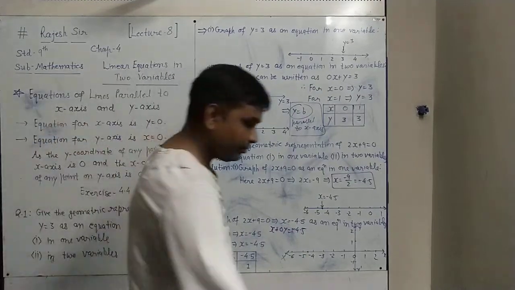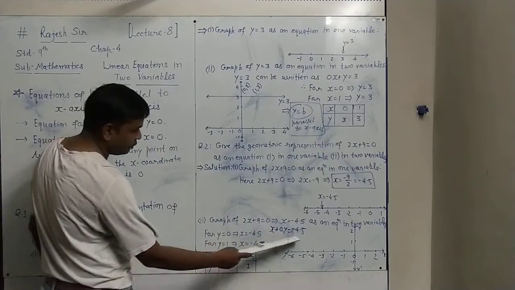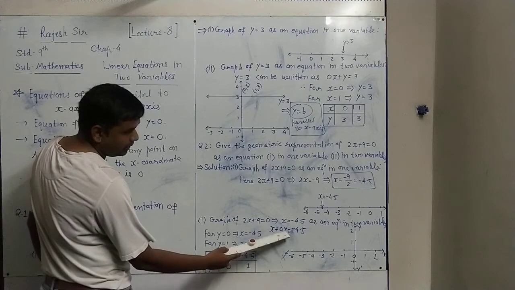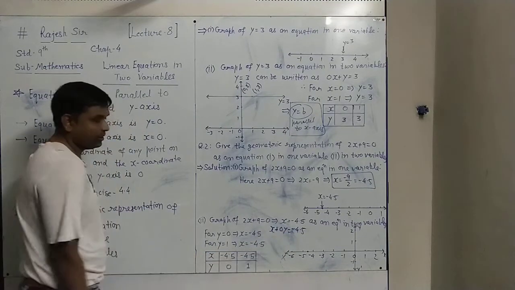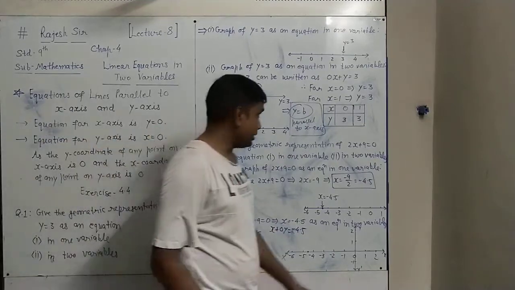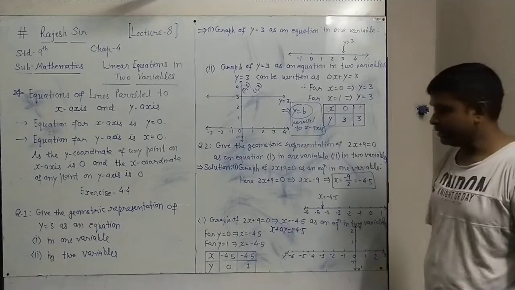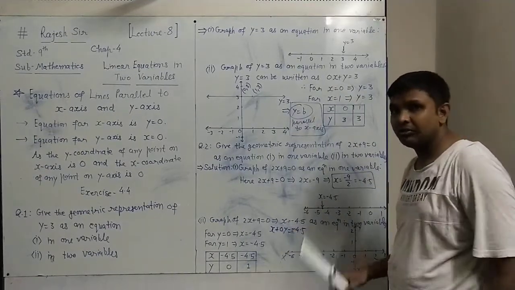Right? Now for y equal to 0, here x equal to minus 4.5. For y equal to 1, if we place y equal to 1, then also 0 into 1 will be 0 and x equal to minus 4.5. Here also the same way as we have understood earlier, where for any value of x, y was equal to 3. Similarly, x equal to minus 4.5 means it doesn't depend on the value of y.